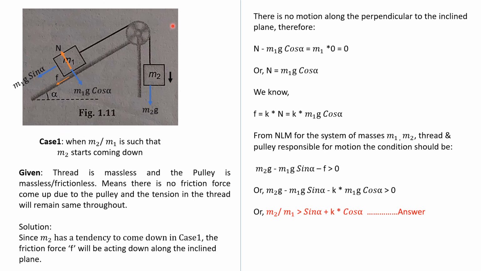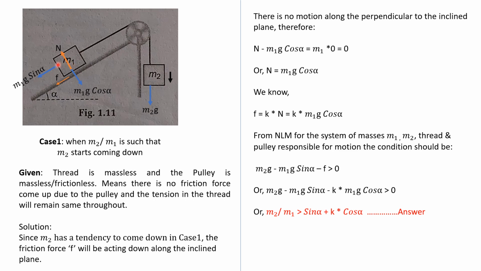So this is the diagram which I made, when m2 has the tendency to go down. When m2 goes down, m1 will come up on the inclined plane. So friction will act opposite to the tendency of motion, downward along the inclined plane.